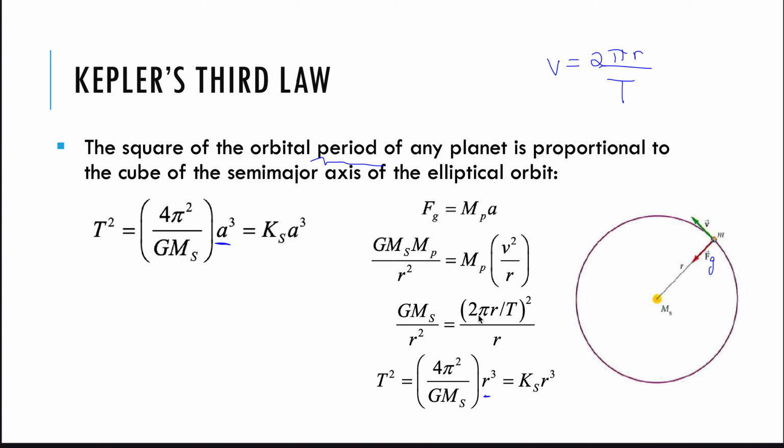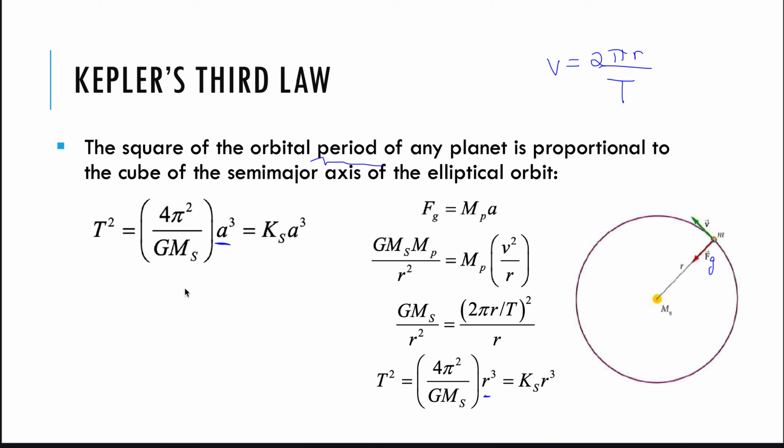A very cool significance of this law is that it allowed scientists and astronomers to gather information. If you know the time that it takes for a planet to orbit a star, then you can figure out how big its orbit is.